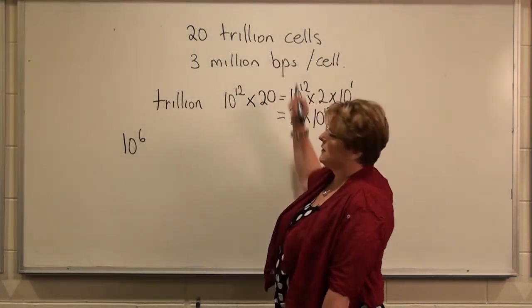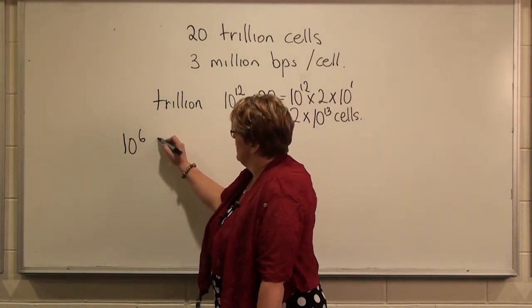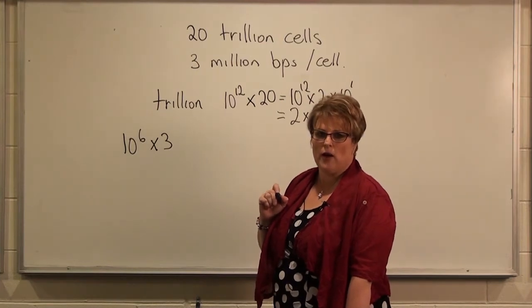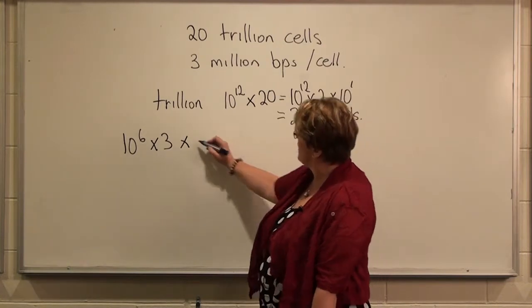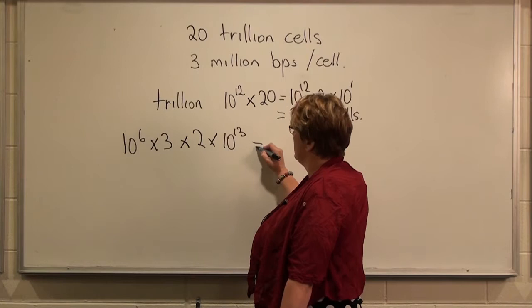So to work out how many base pairs of DNA is in the entire organism, we have 3 million base pairs per cell times the number of cells, which we've worked out here is 2 times 10 to the 13.